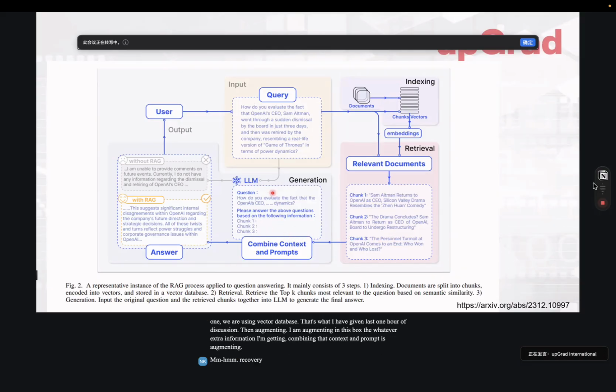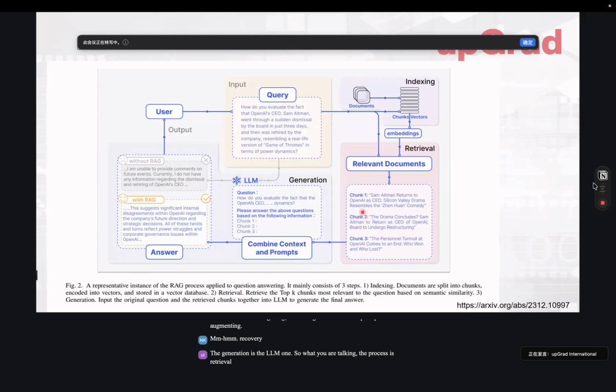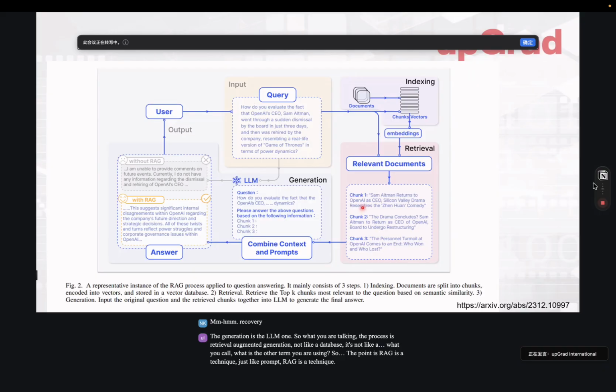The generation is the LLM one. So the process is retrieval augmented generation, not like a database. The point is RAG is a technique, just like prompting. To do that, it has 3 steps. Indexing is the first part, retrieve is the second part. Combine it, and after that it is a typical LLM generation.